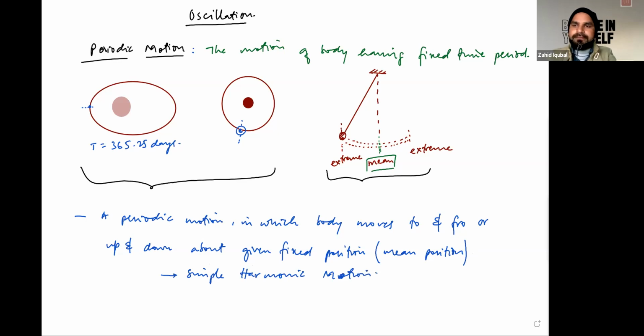So from this we can say it is a special type of periodic motion. So all SHMs must be periodic, but all periodic must not be SHM.